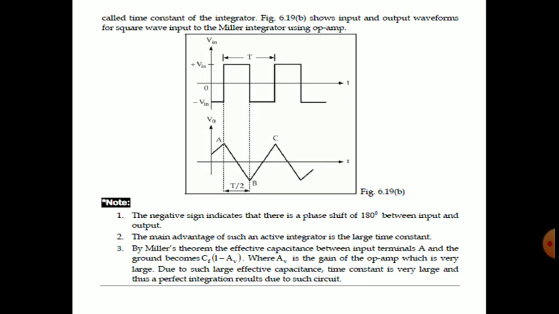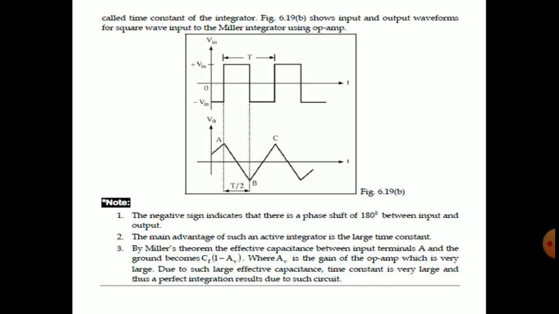If you consider that V input is a square wave with certain negative and positive levels and a time period T, then the integral of this square wave will be a triangular waveform.